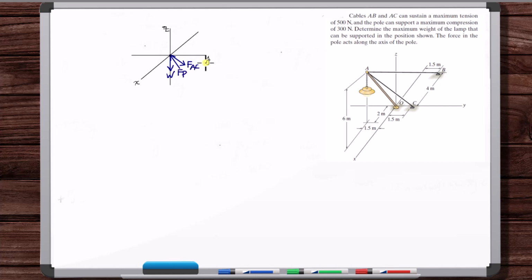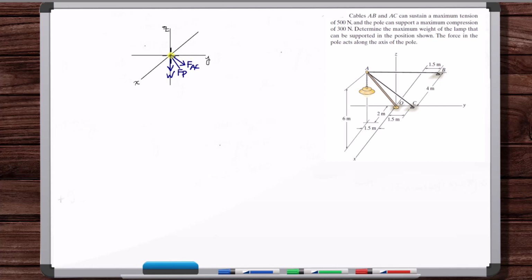But the sense needs to be right. If you ever take your equations and you input a force yourself, then the sense needs to be correct. If it's an unknown force and you're solving for it, then the sense doesn't have to be correct, and the final answer being negative or positive will tell you the correct sense.